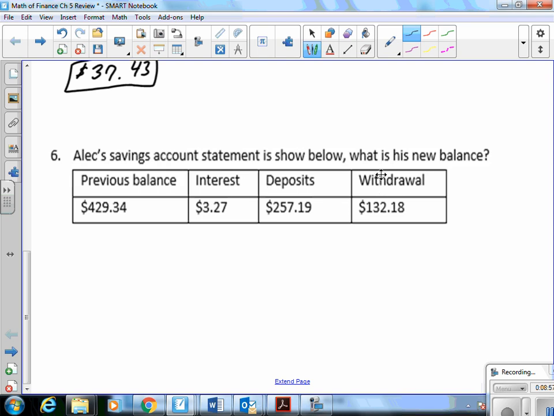Withdrawals is taken away, subtracted. So we've got $429.34, and we're adding $3.27 to that, and $257.19, and then subtracting the withdrawals, which is $132.18.